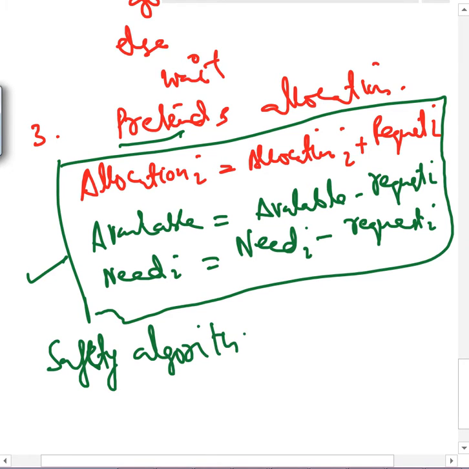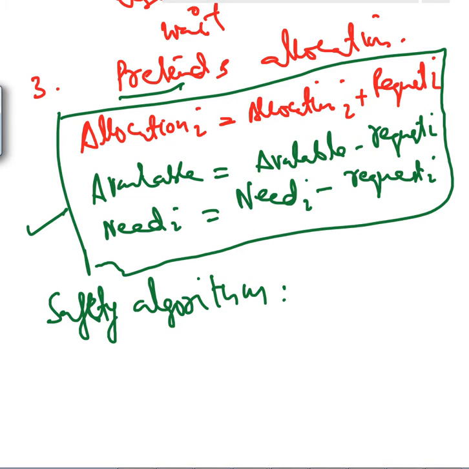So I have to run the safety algorithm now, which will check whether, in this scenario, my system is safe. What does a safe system mean? That all processes should finish in some sequence. So we're going to run what is called the safety algorithm, which will check whether our system is safe or not. Here I have 2 additional local data structures. In the safety algorithm I have some local data structures.